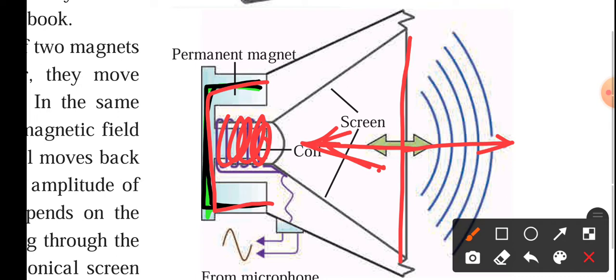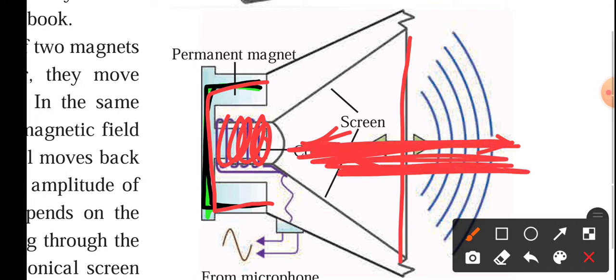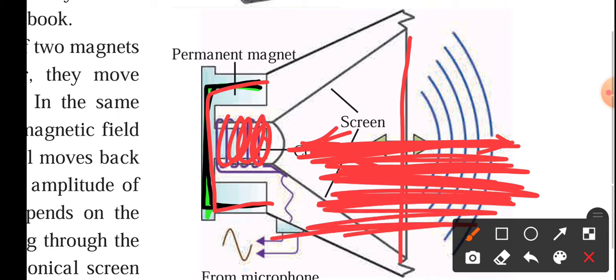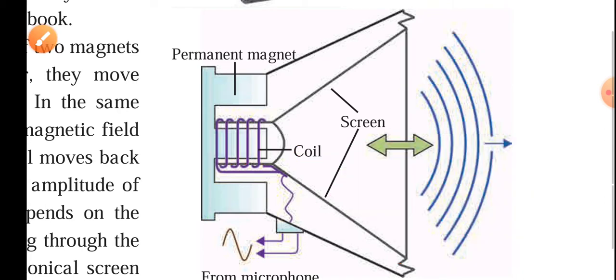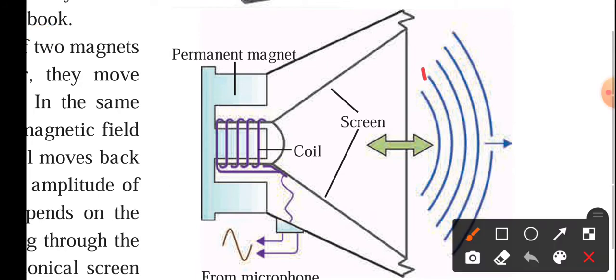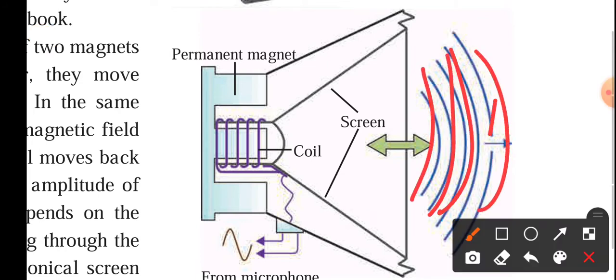So the attraction of the magnet will change, and due to that this film, or the screen, will start to vibrate, and when it vibrates, it produces a disturbance in the air column. The air column near it gets disturbed, and that produces a sound.